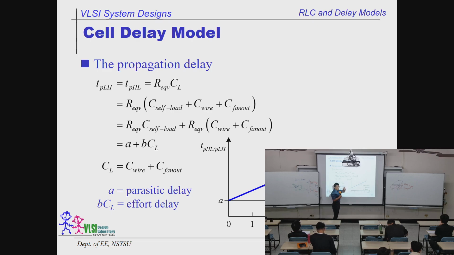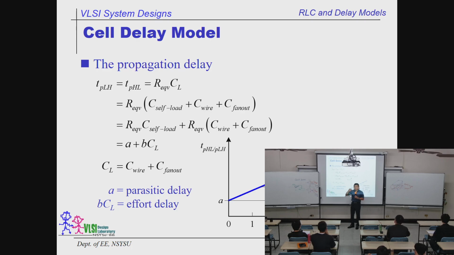The only variable in this assumption is the B term over here. B is equal to this, and this is equal to CL. And CL is equal to C wire plus C fan-out.